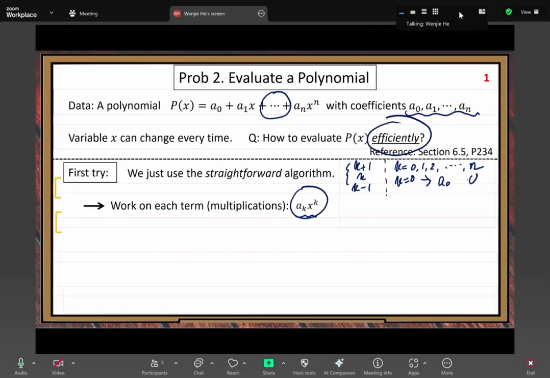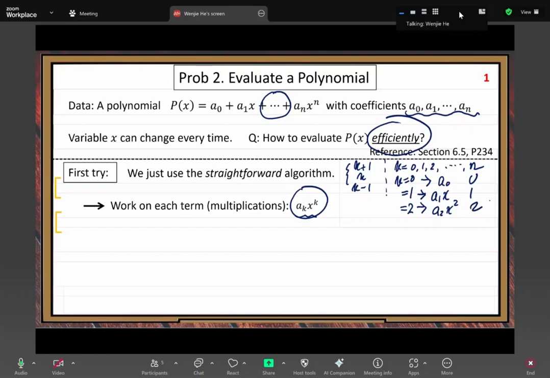You don't need to do any multiplication. K equals 1: you get A1x. How many multiplications do you need? 1. Let's do one more. When K equals 2, A2x squared. How many multiplications do you need? 2. Correct.